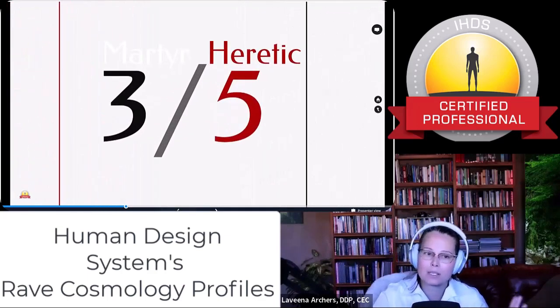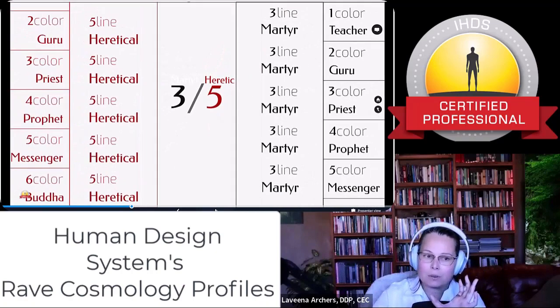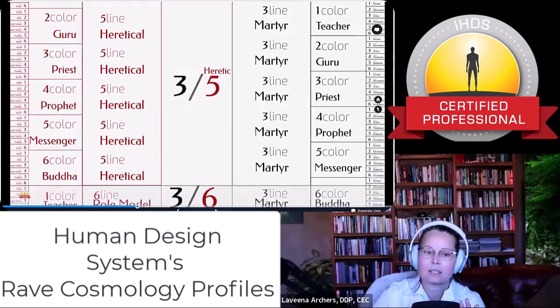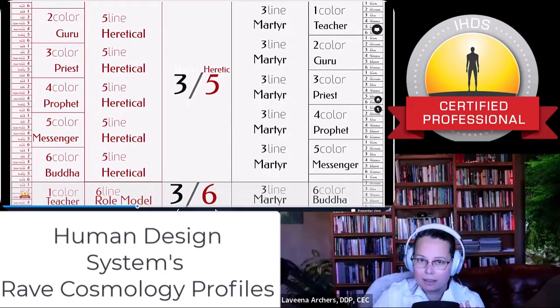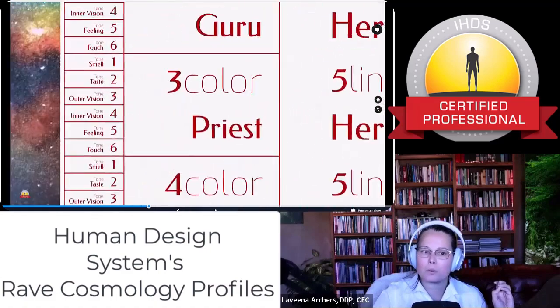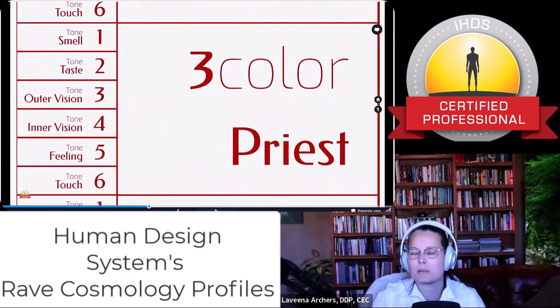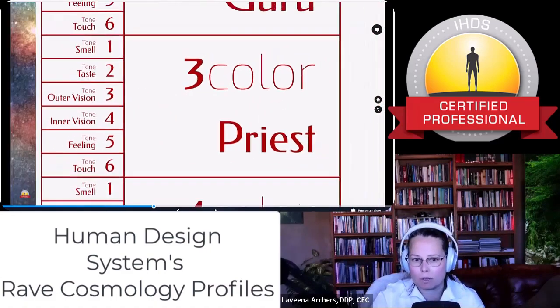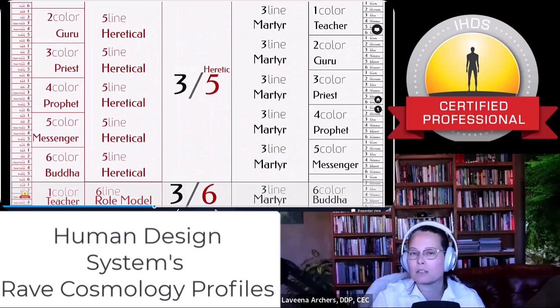Okay, so those elements of the profile have a deeper nuance. We have the lines, and then we have the colors, and then we have tones underneath. So if this is your first time seeing the depth to which human design profile can go, I know it can be overwhelming. Again, don't worry, you don't have to understand it all today. Just to know that it's there.